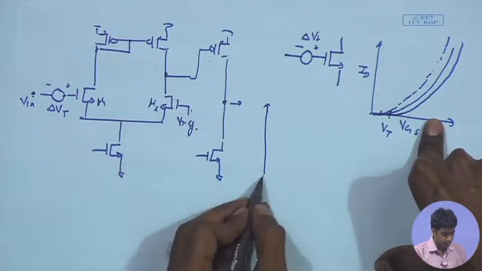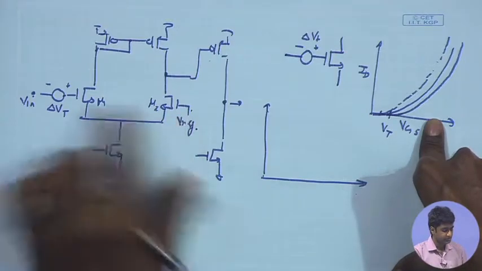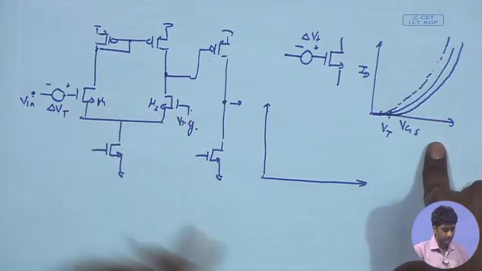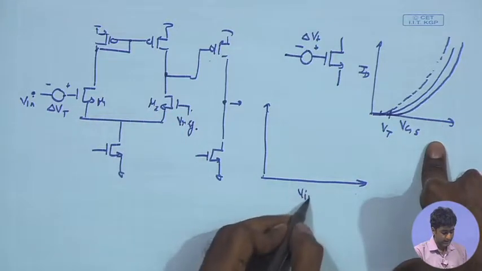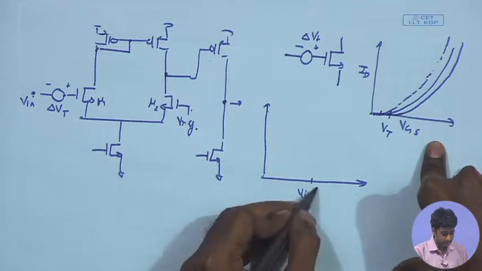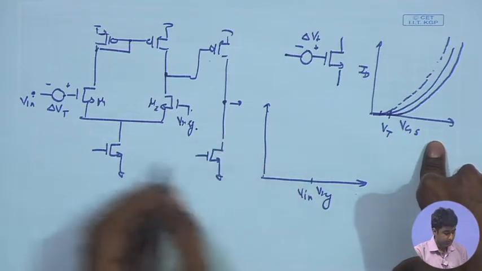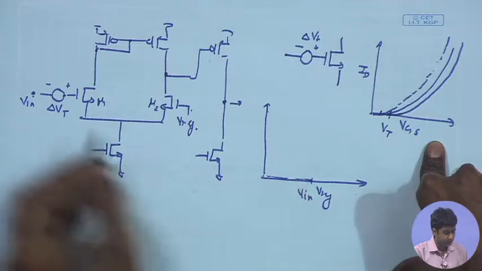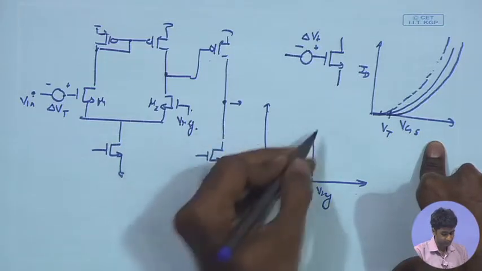So, if I look at the ideal transfer characteristics when the Vt's are very well matched, I am looking at V in. Whenever V in is crossing the Vref, I should have the comparator output transiting from low to high.